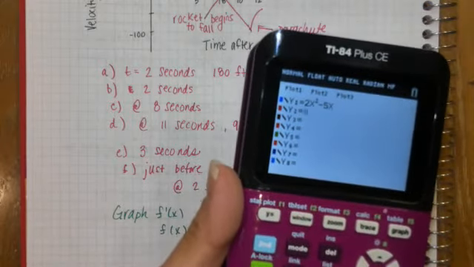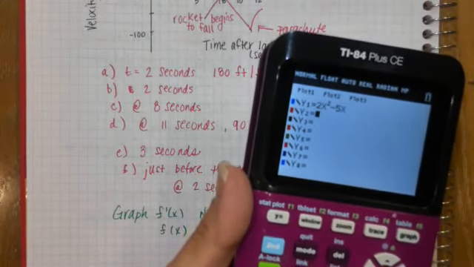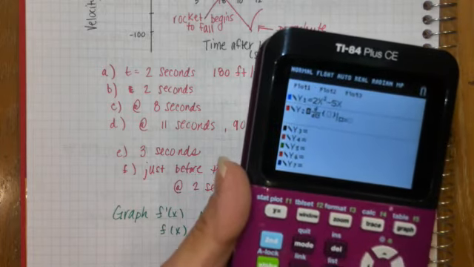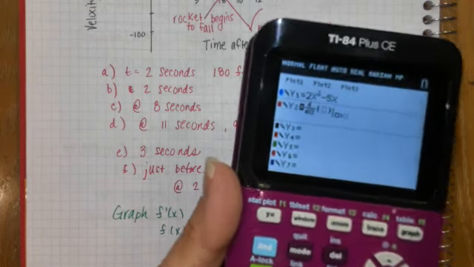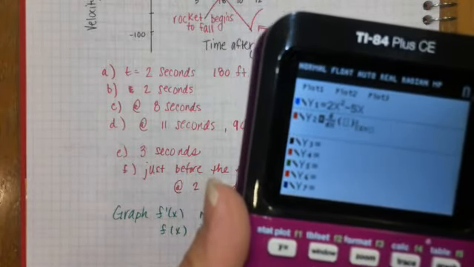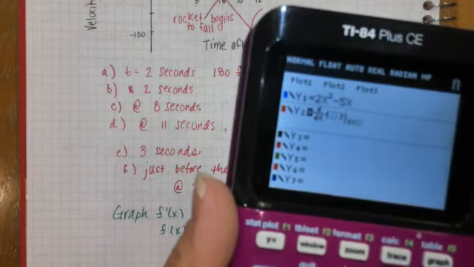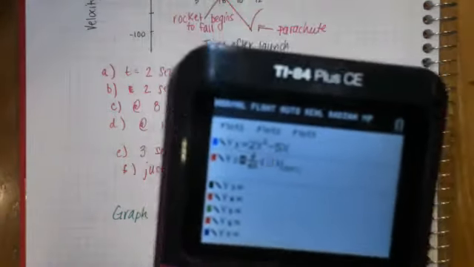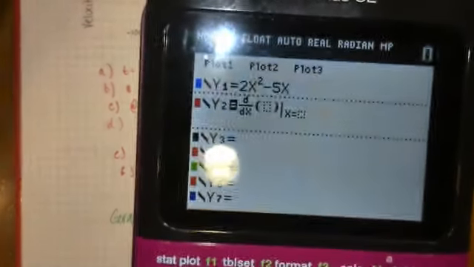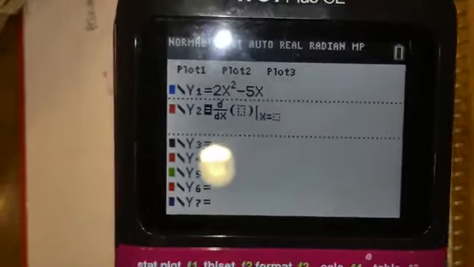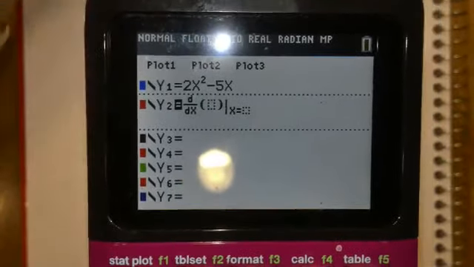Okay, so if you want to graph the derivative of this, Math, number 8, nDeriv. Sorry, let me try and autofocus this a bit better. There we go. How's that? Much better. Okay.